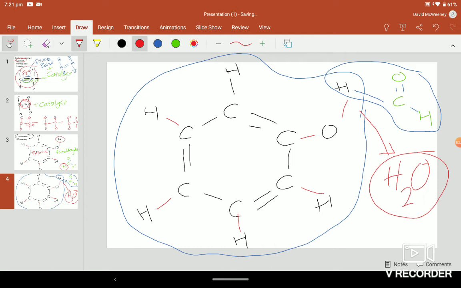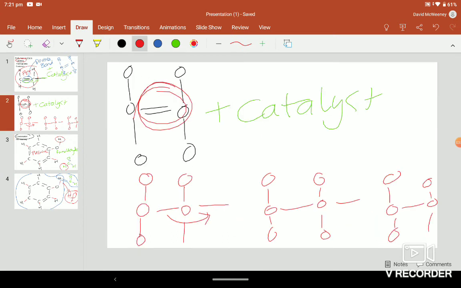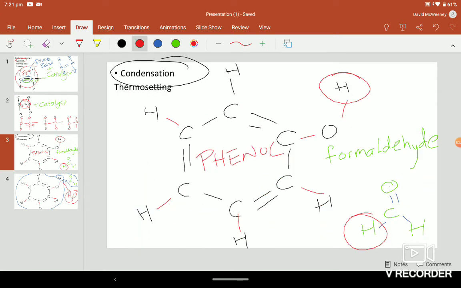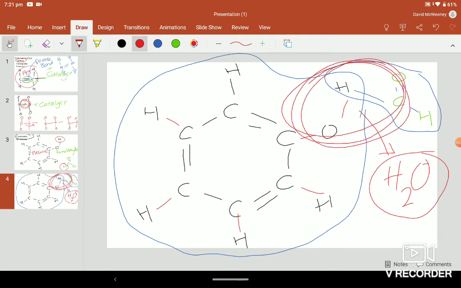This condensation process takes a long time. For it to cross link takes a while. That's your cross link there, where the two have linked to each other.